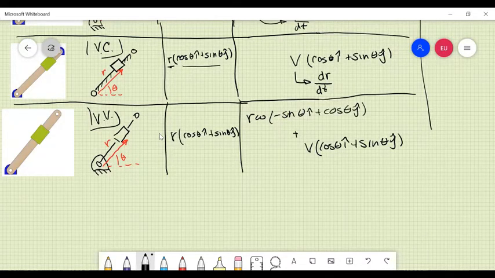Okay, easy stuff. That is the velocity, which up to this point is a combination of the first case and the second case. Okay, let's carry on.